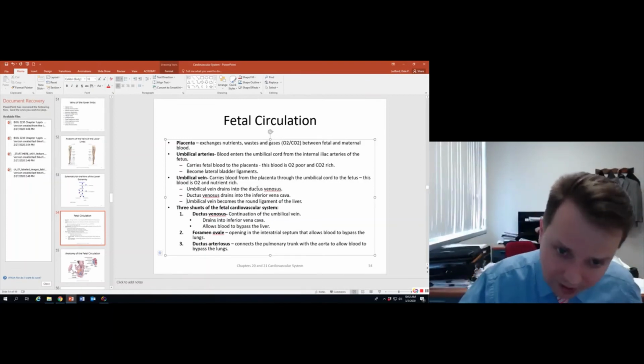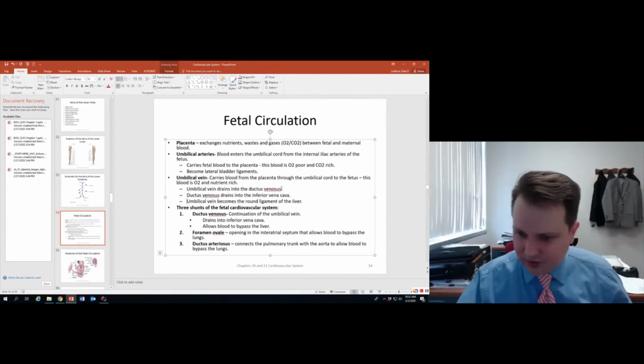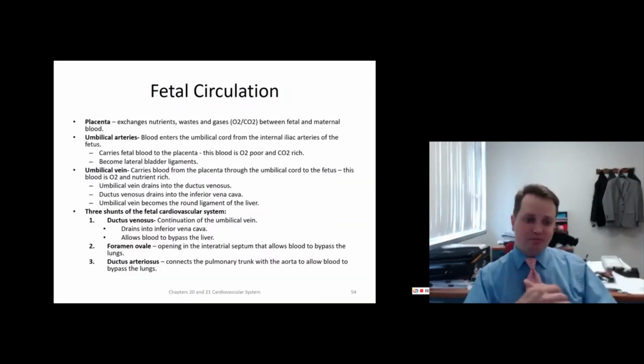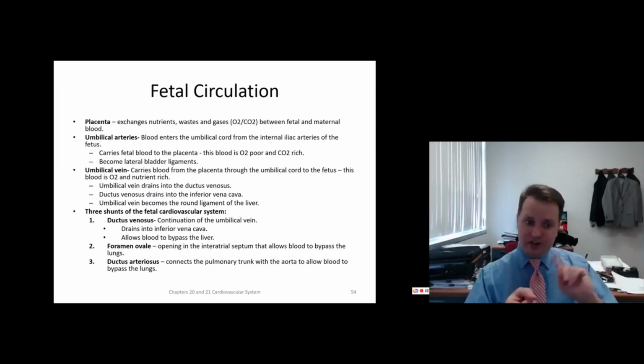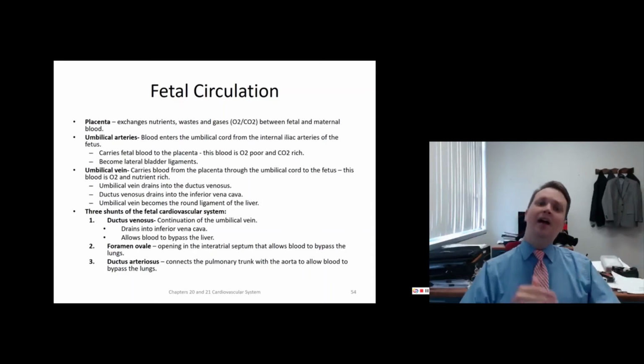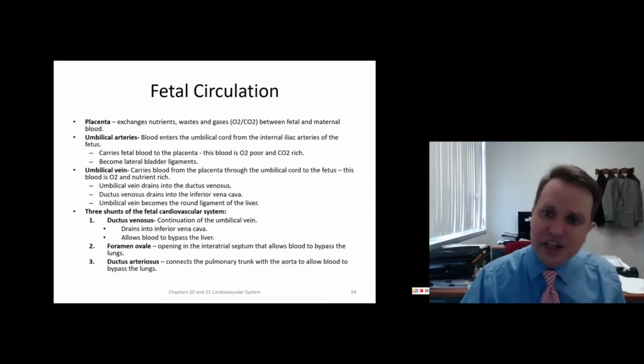It's part of the umbilical vein, the ductus venosus, if you want to be a little more accurate. But now, there are 3 shunts. I ask that your drawing includes these 3 shunts. Ductus venosus, this is your umbilical vein, goes into the inferior vena cava to allow blood to bypass the liver. Why? Baby's liver is developing but doesn't need to do a lot.